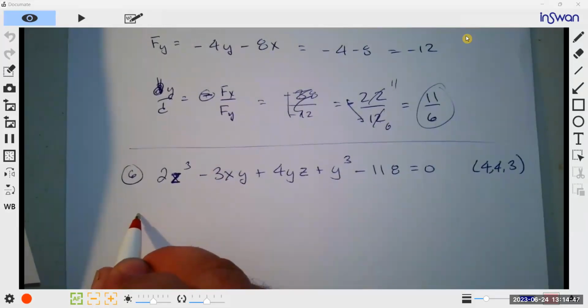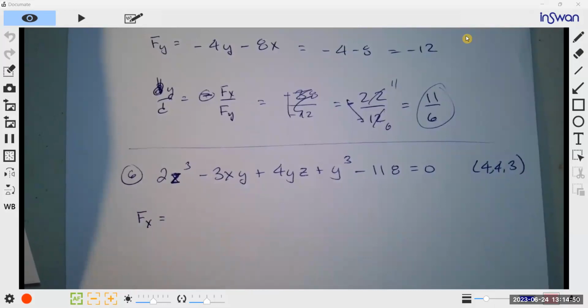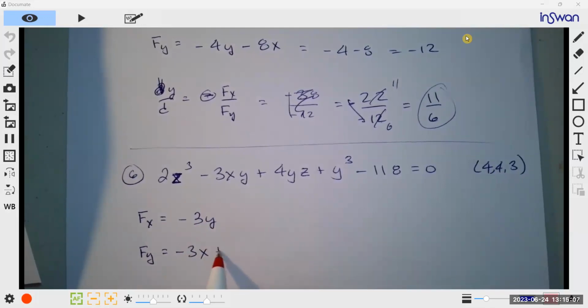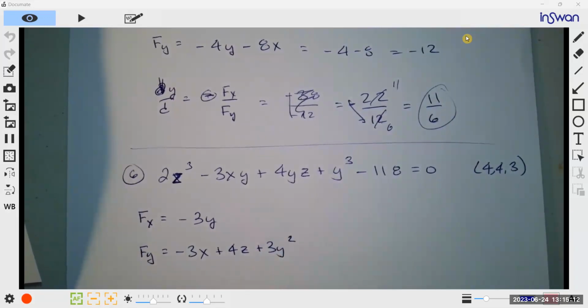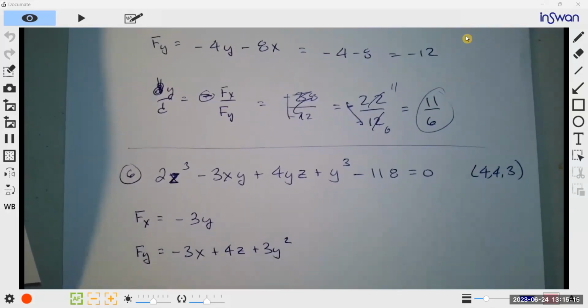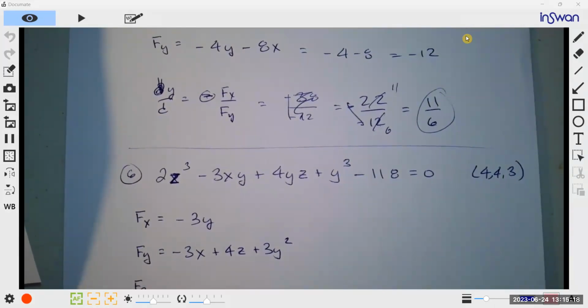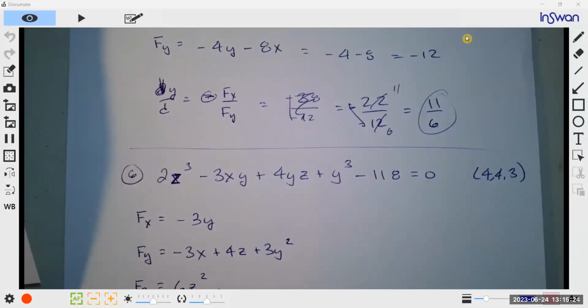So let's look at F_x. F_x is negative 3y. F_y is negative 3x plus 4z plus 3y squared. And F_z is 6z squared plus 4y.